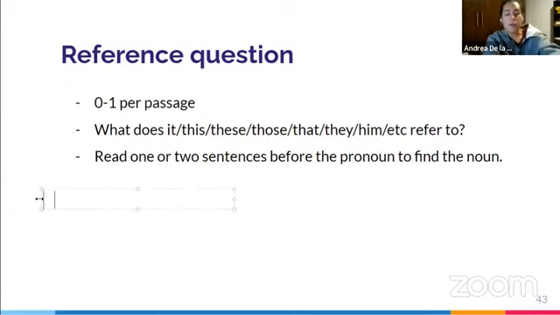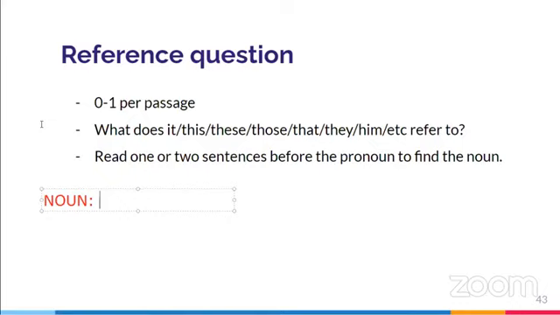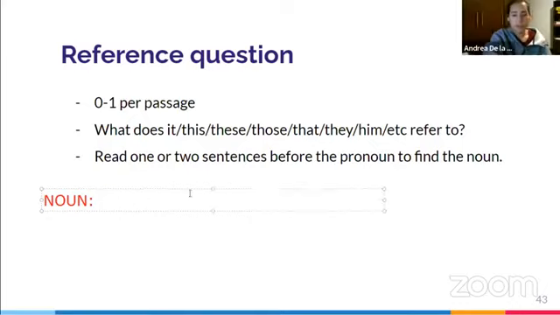Does anybody know what a noun is? Like a name or the sustantivo. Exactly. It's the sustantivo, and it's the name of anything, right?